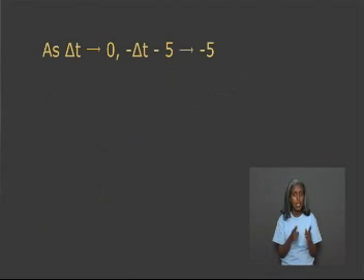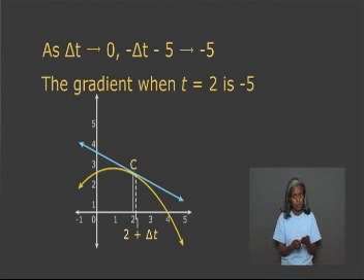Therefore, as delta t approaches 0, negative delta t minus 5 approaches negative 5. So, the gradient when t equals 2 is negative 5.